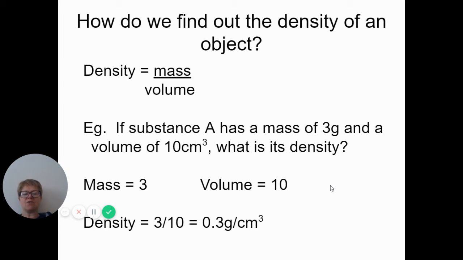In other words, if I had 1 centimetre cubed of substance A, its mass would be 0.3 grams. So it's quite simple. If we know the mass and the volume of an object, we simply do mass divided by volume.